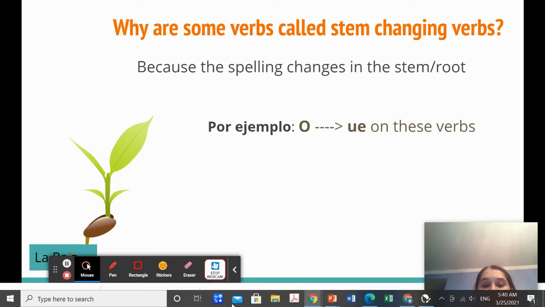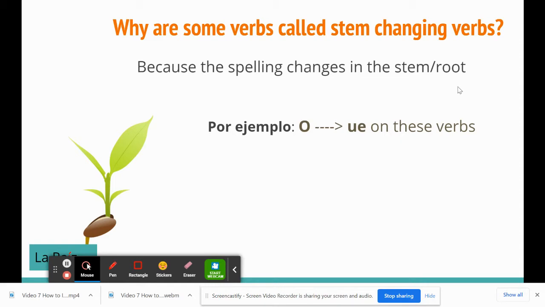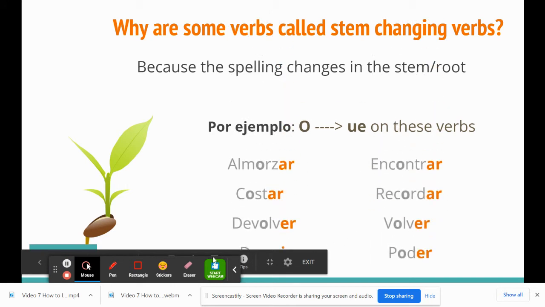So, why are some verbs called stem changing verbs? Because the spelling changes in the stem or root. Por ejemplo, O to UE on these verbs. Basically the O is changing to UE.